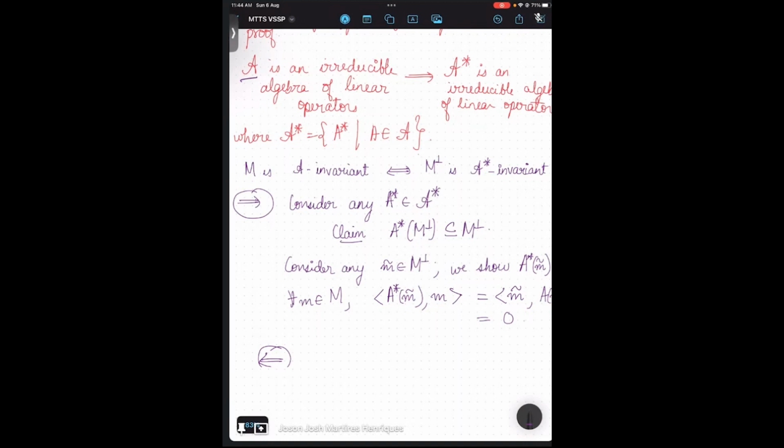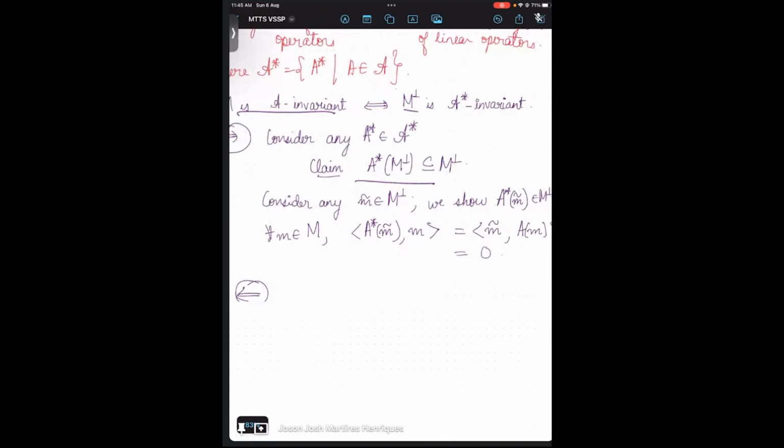So we want to show that given M is invariant under A, we want to show M perp is invariant under A star. So we start firstly with any operator from here. We want to show that it preserves M perp. So that's the claim. So A star should send M perp inside M perp.